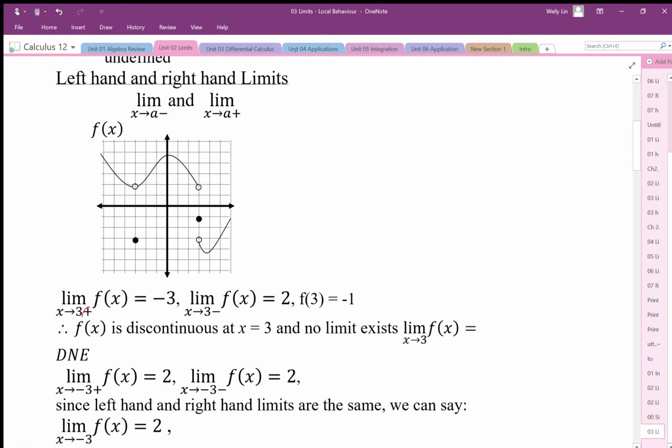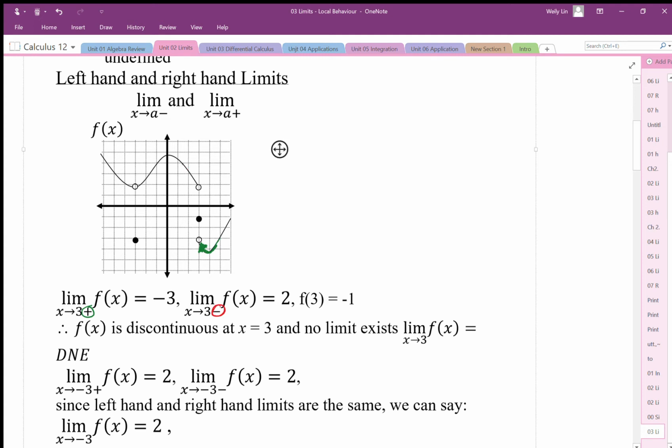So as we approach from the positive side, this is a one-sided limit. It allows us to evaluate these points which are discontinuous. So here, there's my limit from the positive side. It's going to that point there, and it looks like it's going to -3. So that's my right-hand limit. From the left-hand side, it looks different, so we need to have a different limit coming from the left.